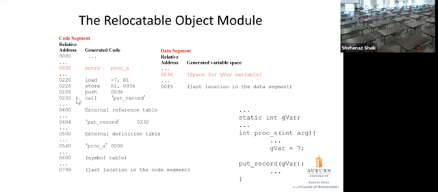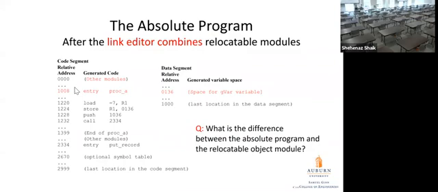So this is a part of the object code, and the addresses that we are seeing here are logical addresses, or relocatable addresses. They're not the actual physical addresses where the corresponding elements are stored. That is something that we need to understand.